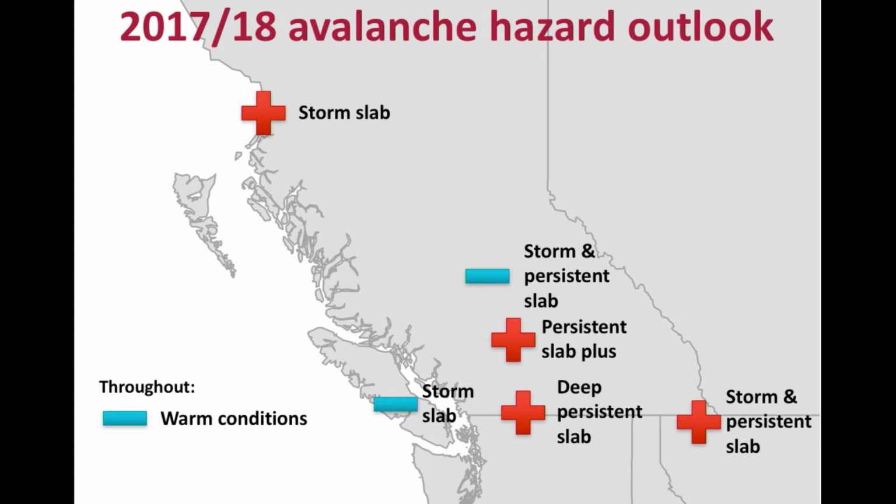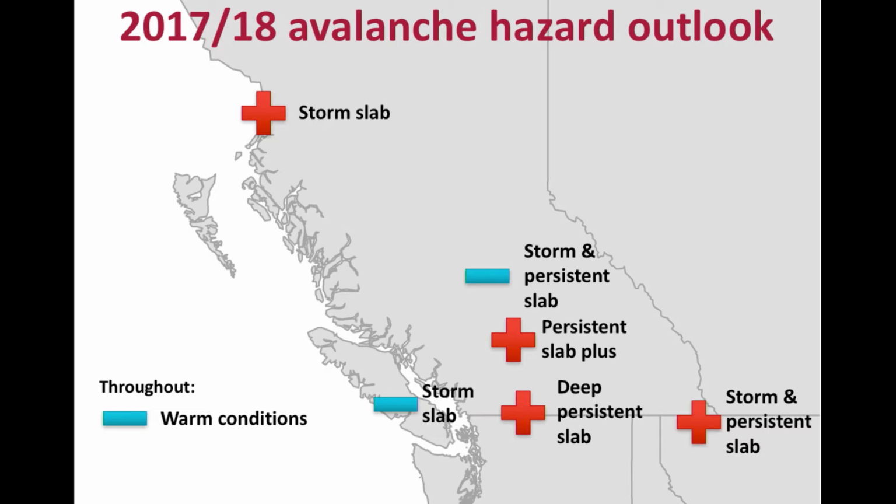I didn't mention this earlier, but there's a bunch of different persistent slab situations, and I'm just picking out a few of those that had a stronger signal. It's also interesting to show the spatial differences. I'm saying there'll be fewer storm slabs in the south coast or Pacific Northwest, but further up the coast maybe more storm slab situations.